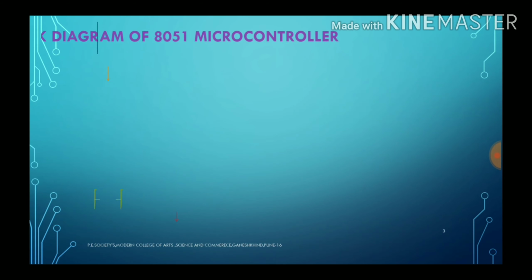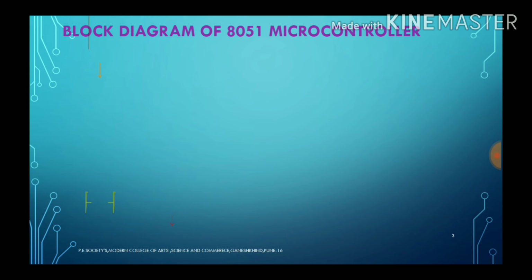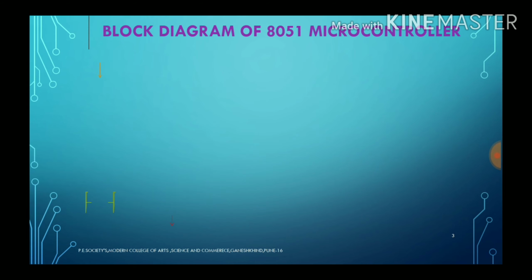Going ahead to the block diagram of an 8051 microcontroller, which we just said is a basic microcontroller including the basic units of any computer system on chip. As we know, the heart of a computer or brain of a computer system is a central processing unit.